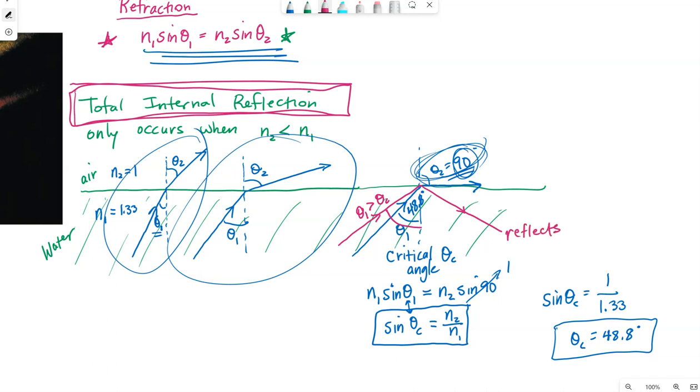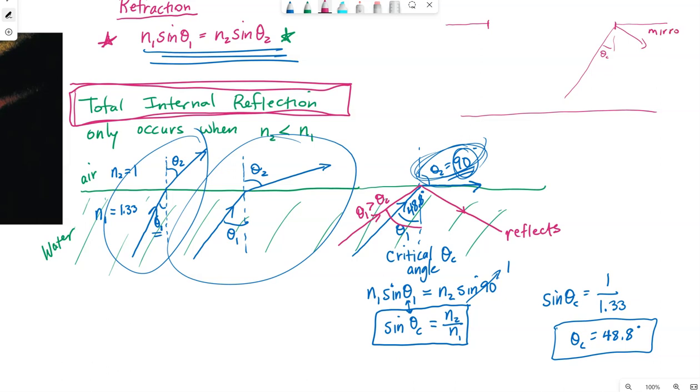within that surface. Now, I don't know if you are a scuba diver or snorkeler, or you just like to dive down to the bottom of a swimming pool. What this means is if you are in a pool or a lake and you look up at a surface, you can only see out a certain region, because any light that is hitting at larger than the critical angle will simply reflect.